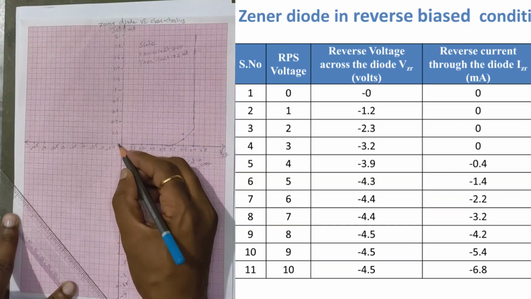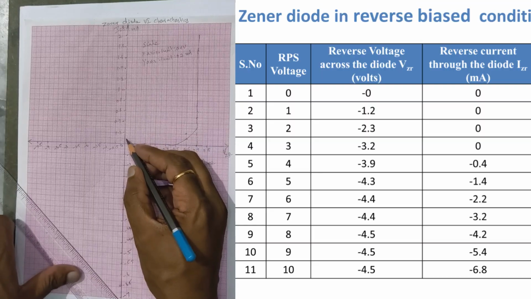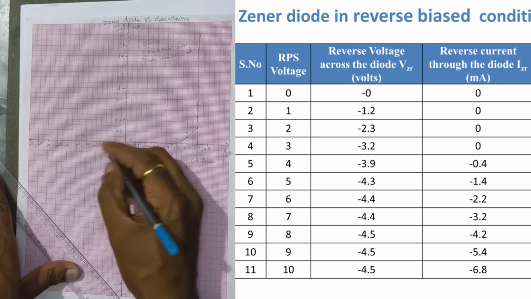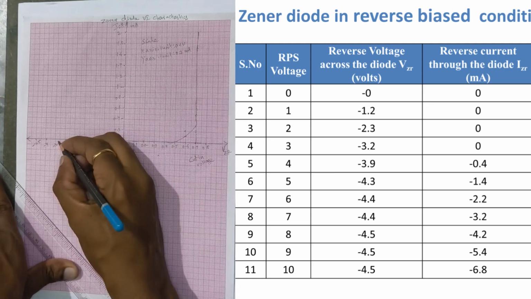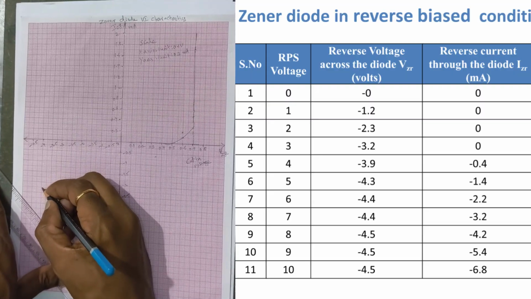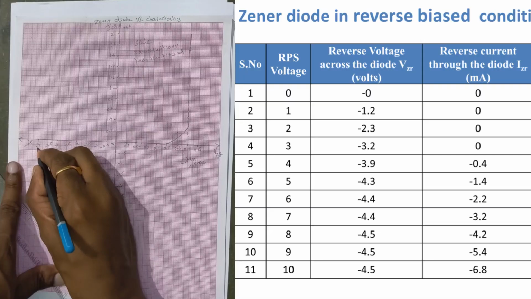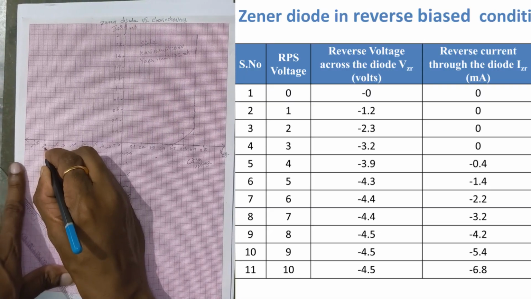Now in the reverse bias, if you place the points up to 4 volts, at 3.9 volts the value of current is 0.4. This is a point, at minus 0.4.